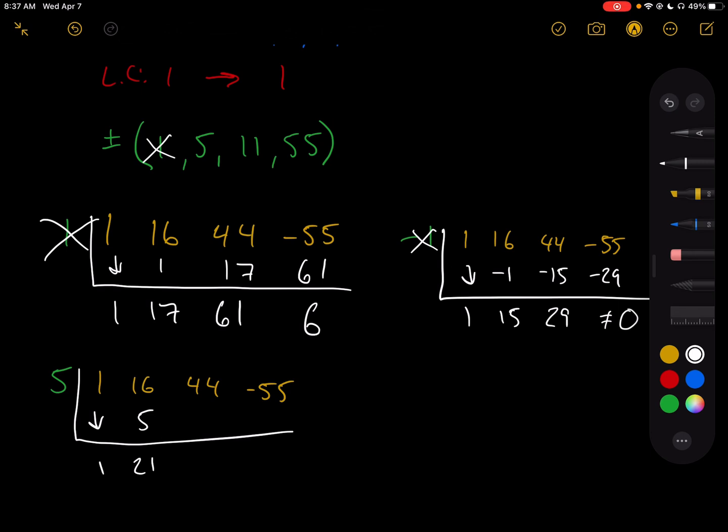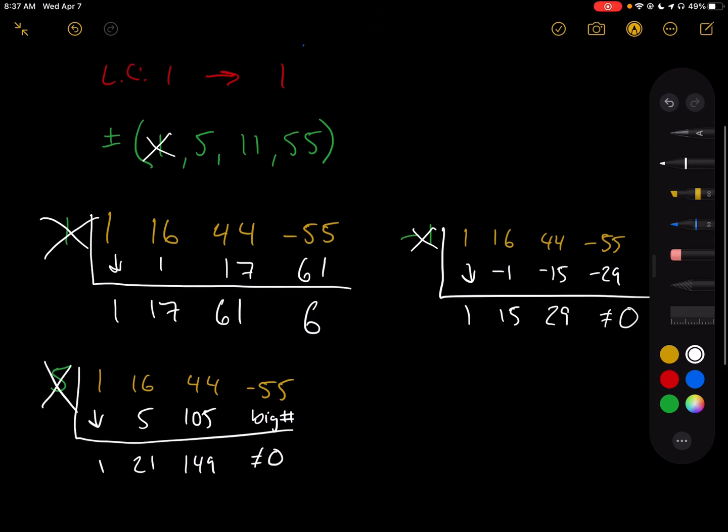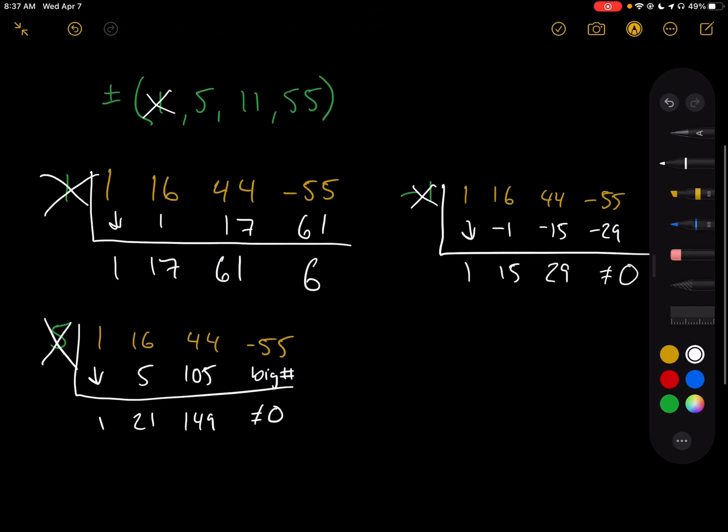So again, you can sort of see this one ballooning, probably not going to work. So 149, obviously, big number, not going to be 0. So 5 is not going to work. All right, -5.